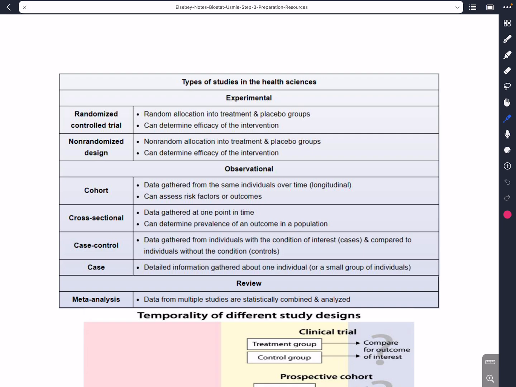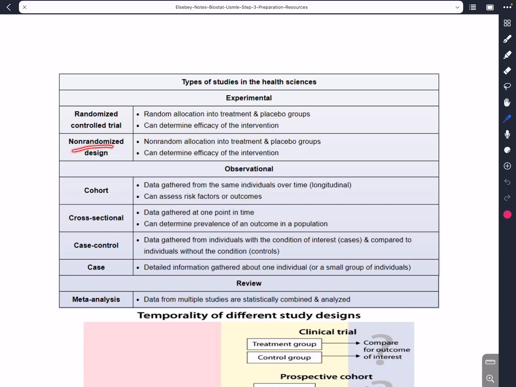Let's look at randomized control trial, non-randomized. In randomized control trial, you have random allocation into treatment and placebo groups, which means you did not segregate before looking into the studies. You just randomly allocated people in the treatment group and placebo group.